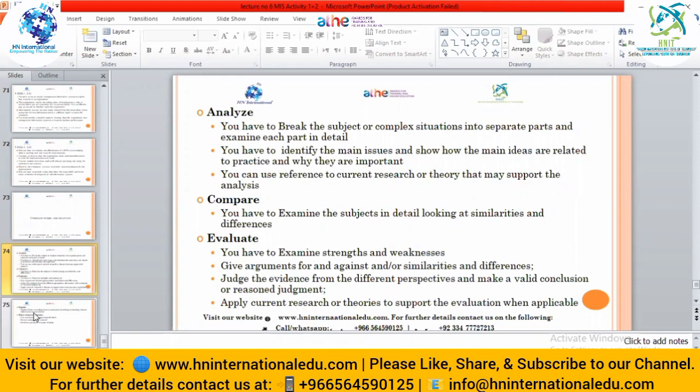When there is a comparison, we have to check the similarities as well as the differences in that subject. When we use the word evaluate, you have to examine the strength and weak areas. Both things will be listed down. We have to give the arguments for and against and the similarities and differences, why these are the weak areas, why these are the strength areas.